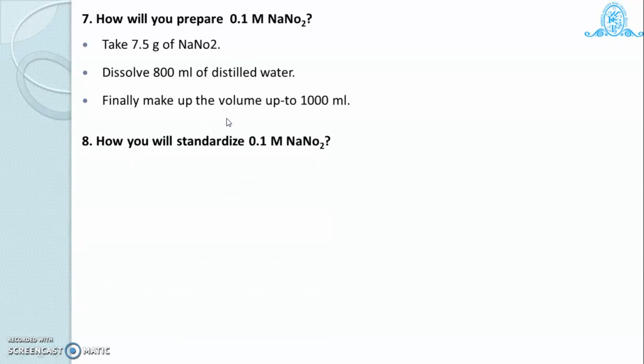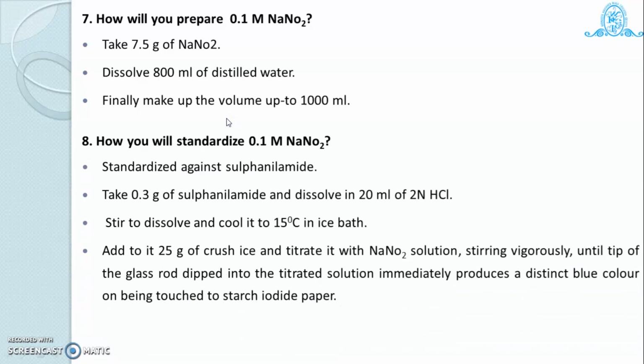Next question: how will you standardize 0.1 molar sodium nitrite? It is standardized against sulfanilamide. Take 0.3 gram of sulfanilamide and dissolve it in 20 ml of 2 normal hydrochloric acid. Stir to dissolve and cool the content to 15 degrees Celsius in an ice bath. Then add 25 gram of crushed ice and titrate with the sodium nitrite solution.